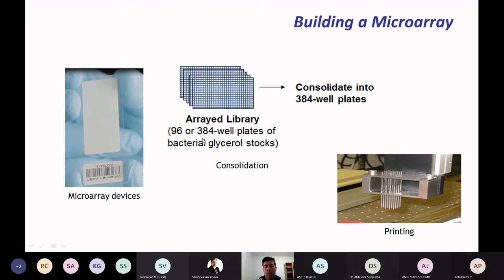Here we put our consolidated library in the 384 plates that is going to be picked with the pins, in this case, 88 different pins with the reservoir, to print our collection on the surface of the protein microarray.